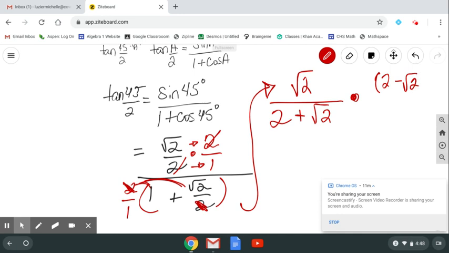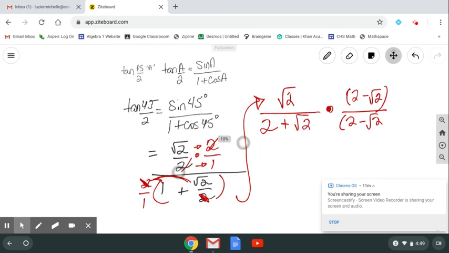And just like when you're rationalizing, whatever you do to the numerator, you have to do to the denominator. So 2 minus radical 2. You may want to pause here and just take in everything that I just did. I'm going to carry this down now so that I have enough room to do my work.